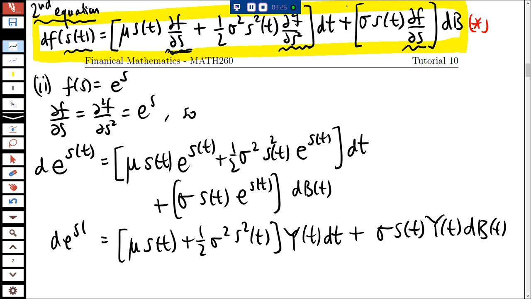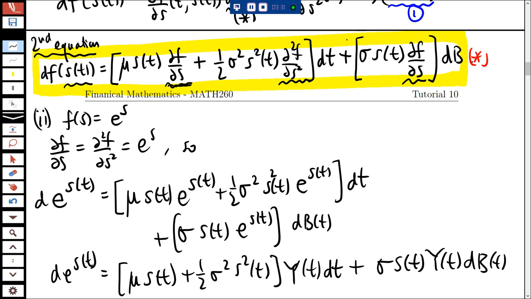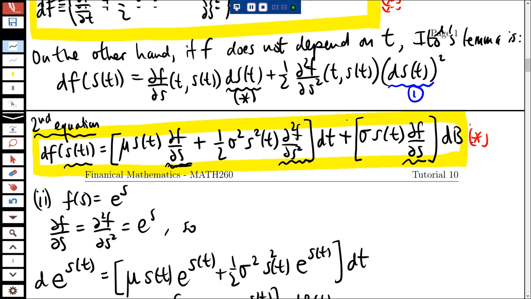Okay, this is looking good, close to the end. For many questions, that would be the final answer. Do we need to do anything else with this?